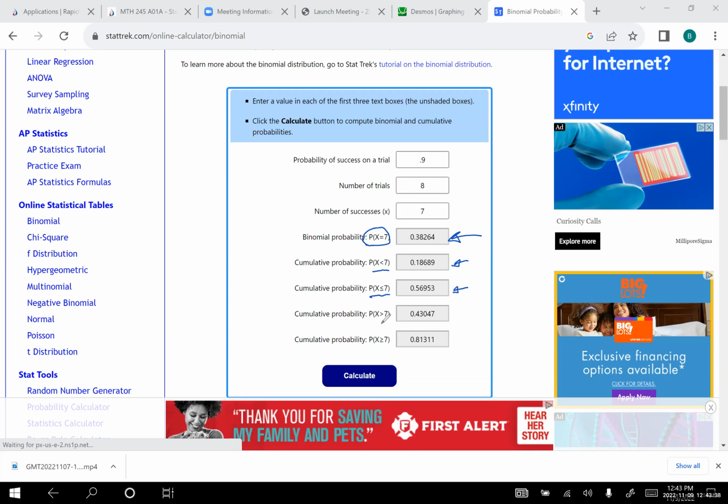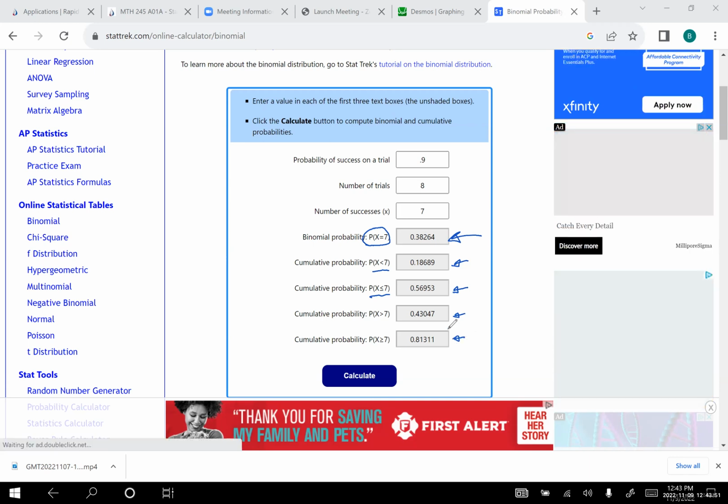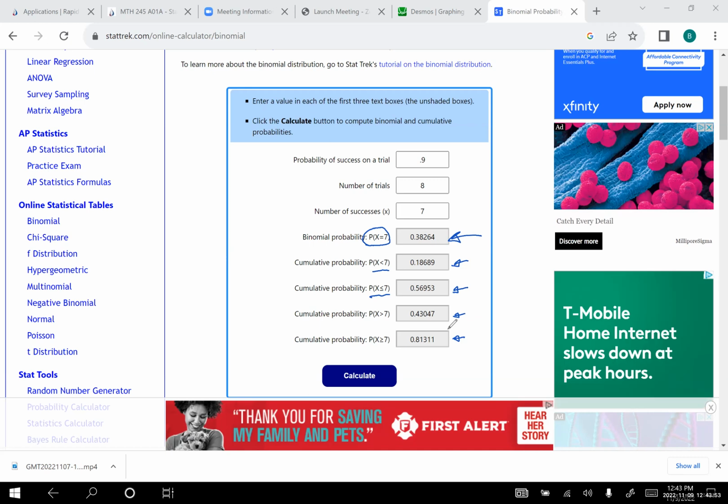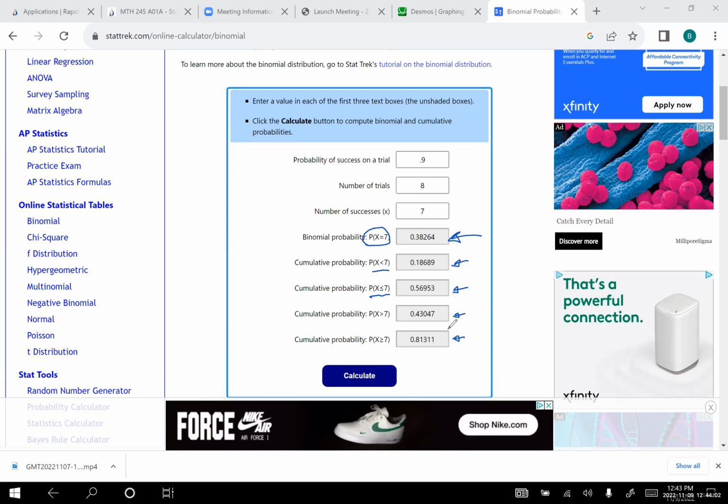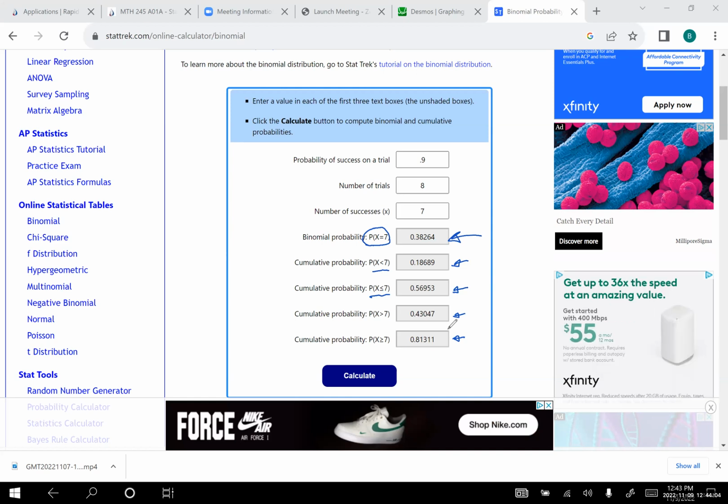The probability of getting more than 7, 43%, and the probability of getting 7 or more, 81%. And that's what I was talking about. Normally, when we say we're measuring how good you are, and we say 7 successes, in our mind, we're thinking 7 or better. And that's what that last box gives us. That says that's the probability of getting 7 or 8 successes in a day, 81%.